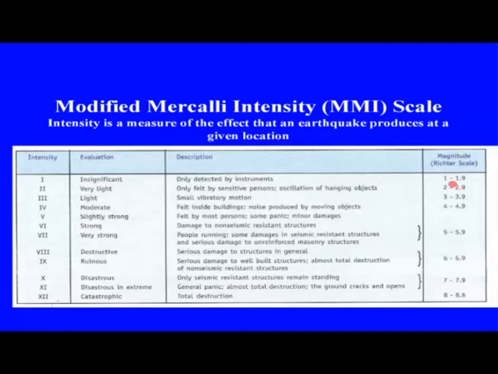And the corresponding Richter scale is 1 to 1.9, 2 to 2.9, 3 to 3.9. We are more interested in 5 to 5.9, 6 to 6.9, 7 to 7.9, 8 to 9. So here we can find a relation between the modified Mercalli intensity and the Richter scale.